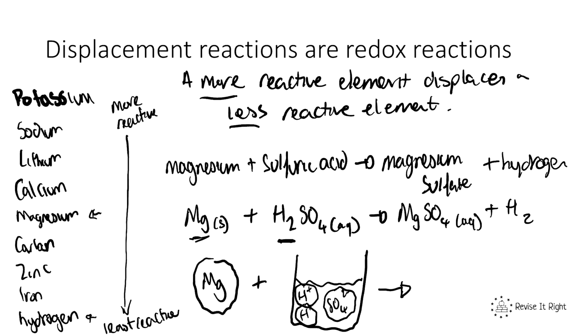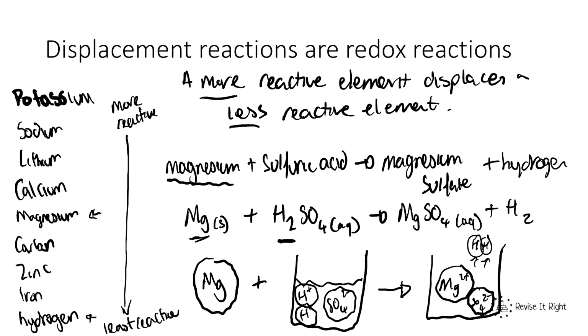And that means that the magnesium has displaced the hydrogen ions to bond with the sulfate, and the hydrogen atoms have now left the beaker as a gas. So the key point to take away is that the magnesium displaces the hydrogen ions from the sulfuric acid because magnesium is more reactive than hydrogen.